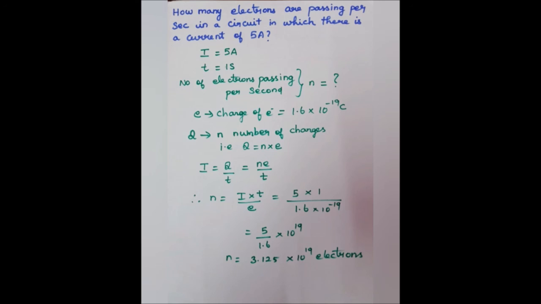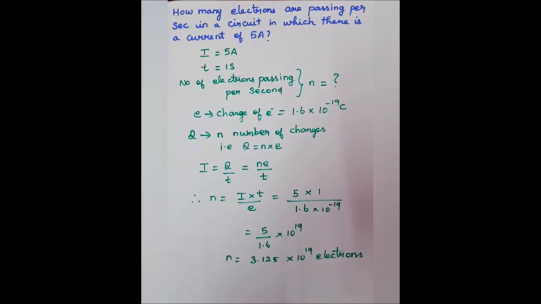You have to calculate how many electrons are passing at 5 ampere current in 1 second. For that, you should know the charge of electron. That is equal to 1.6 into 10 power minus 19 coulomb. Net charge Q equals number of electrons into charge of electron, that is Q equals N into E.